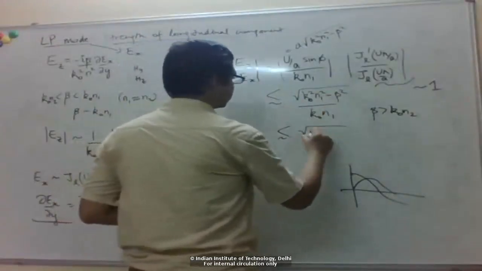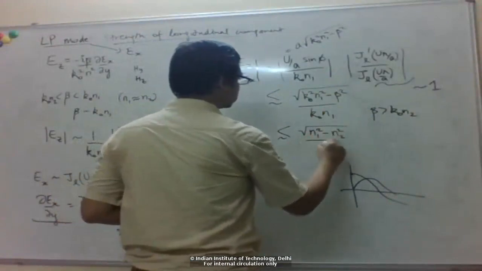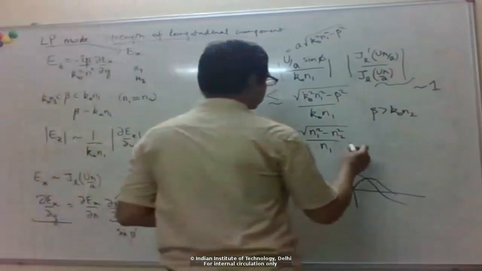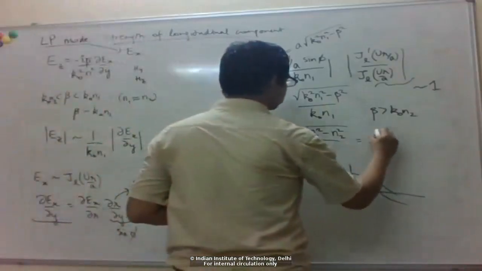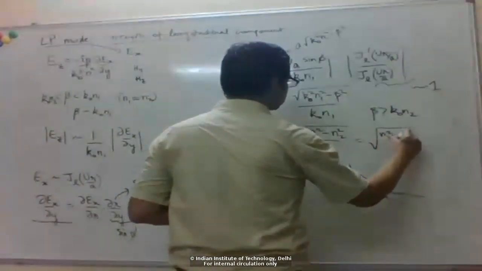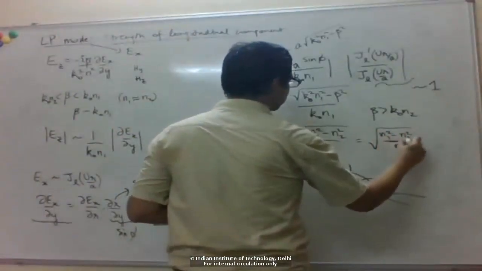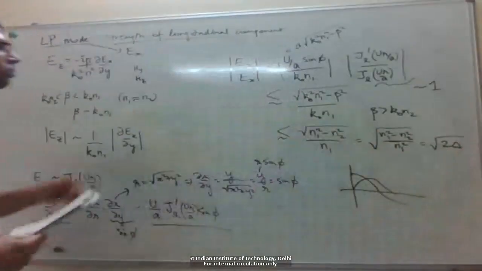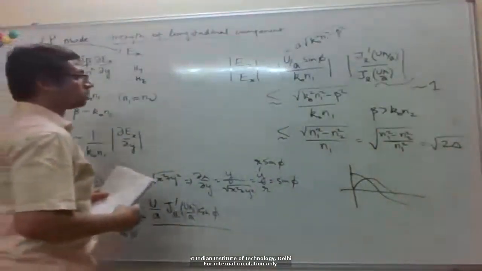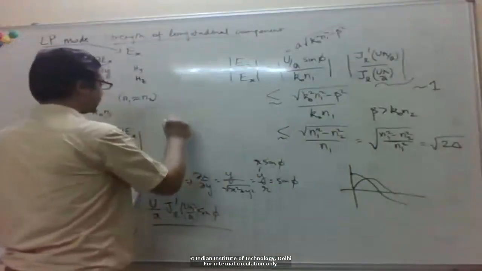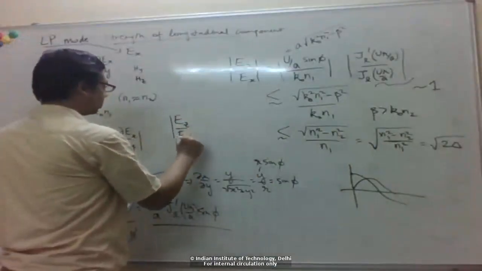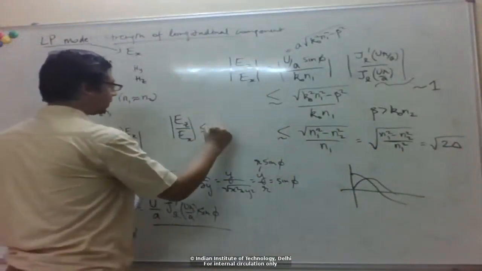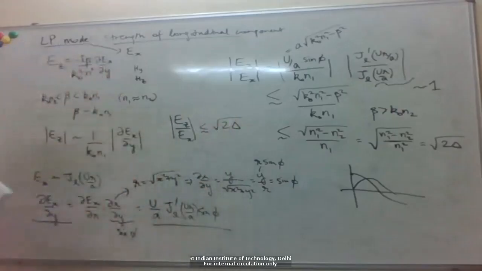So then you can see this will become, or this basically is square root of, and this is basically, if you recall, 2 delta. So basically what we're saying is that the strength of the longitudinal field divided by the transverse field is less than this.